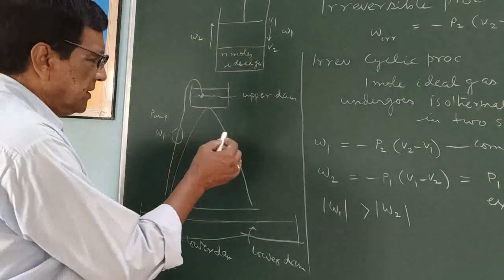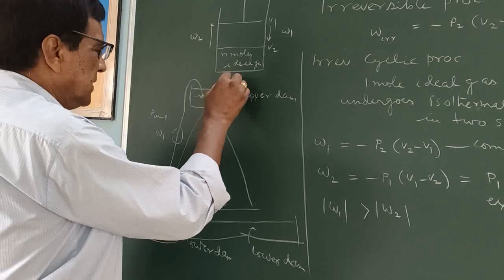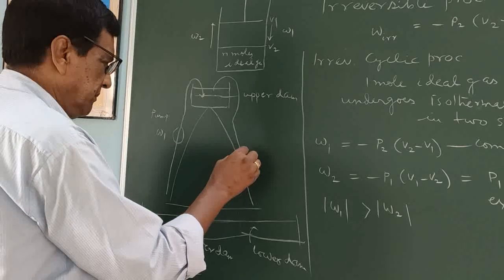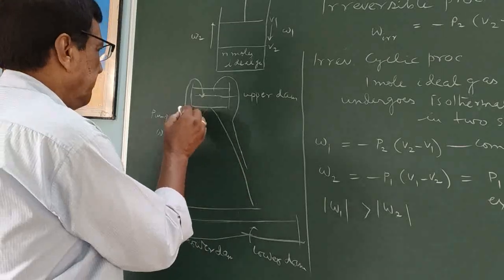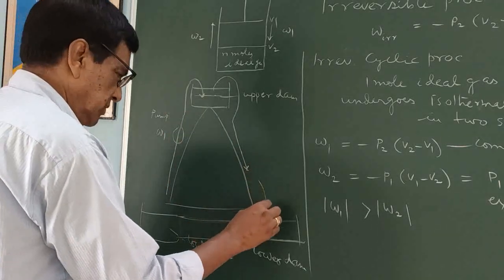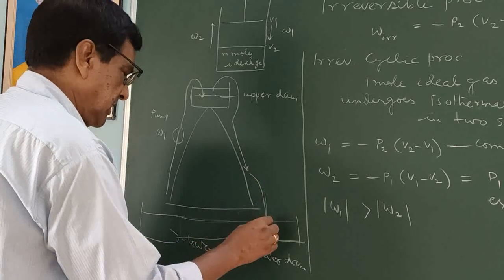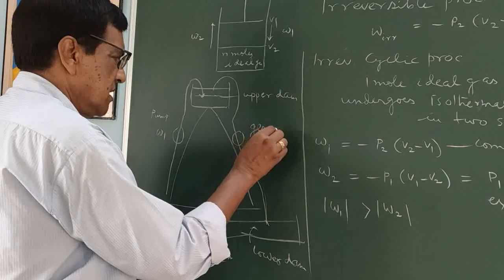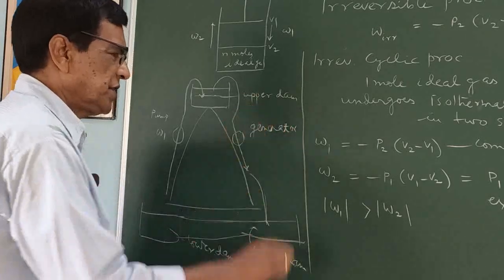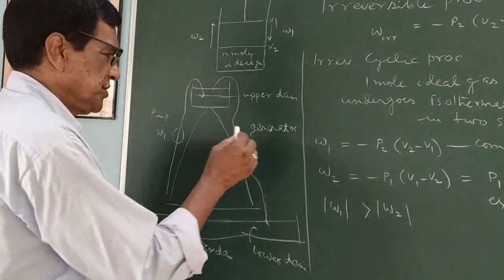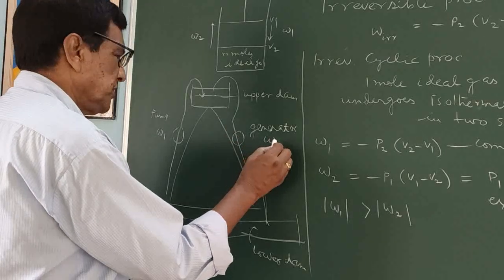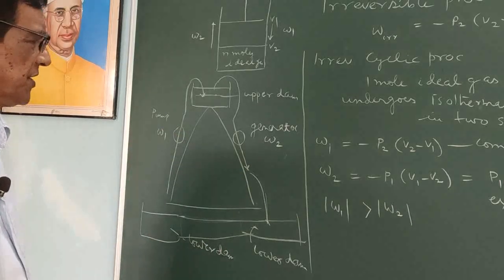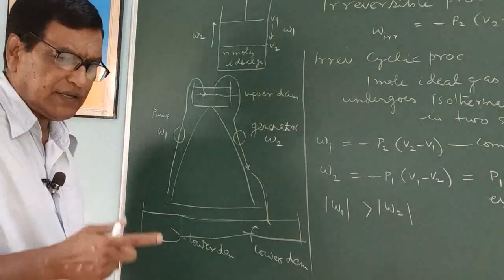And now this water is flowing from this upper dam to this lower dam. And here if we put an electrical generator, it will produce electricity, and this electrical energy received by this generator is W2.